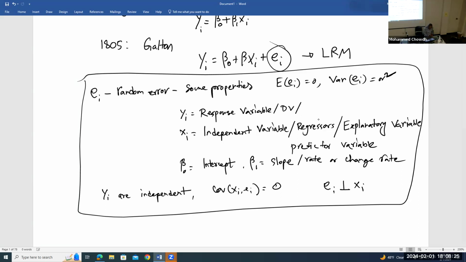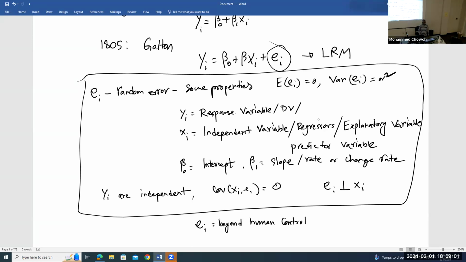This error term is also known as beyond human control. For example, in a production process, in a peanut butter factory, some of the peanut butter is mixed up with the machinery.